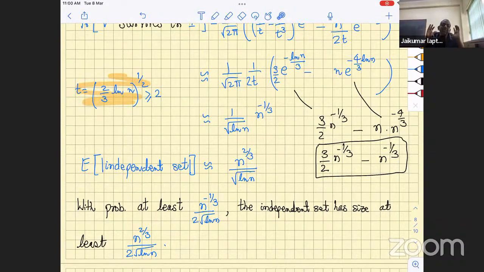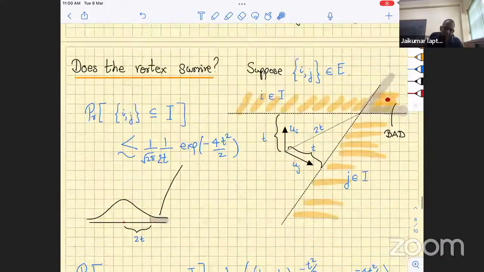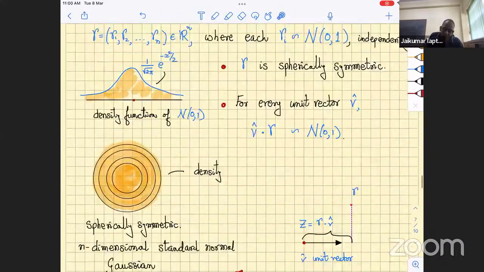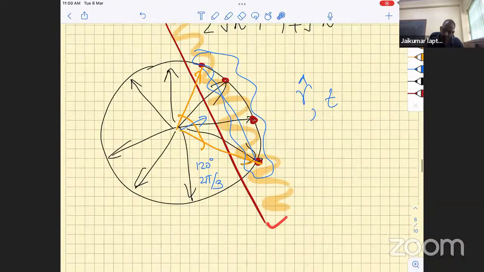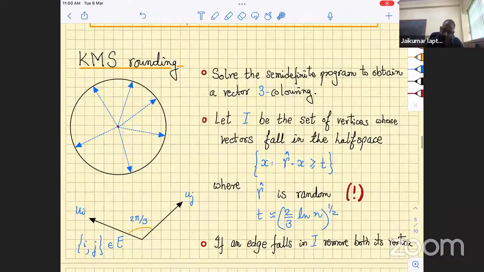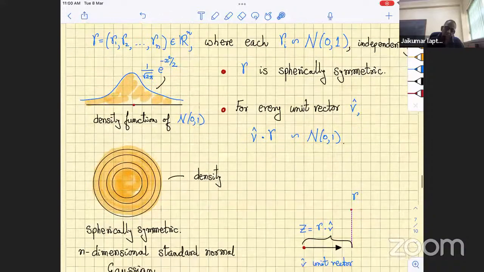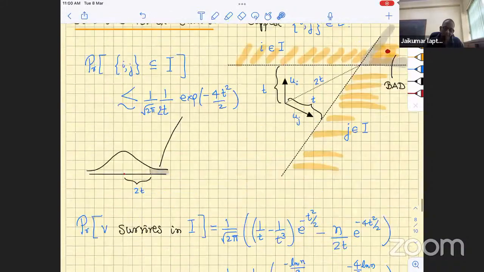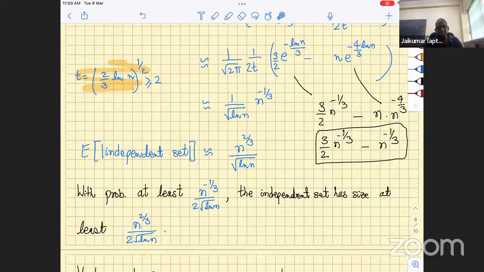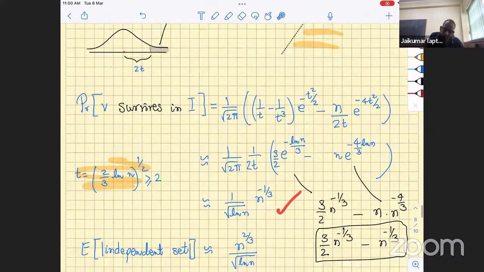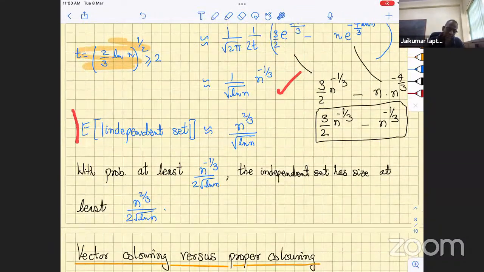So what is happening is you run this semi-definite program, get those vectors, do this Karger-Motwani-Sudan rounding using this hyperplane. If a pair of adjacent vertices both enter I, you just delete them, and this calculation that we have here shows that a sufficient number of vertices survive in expectation.